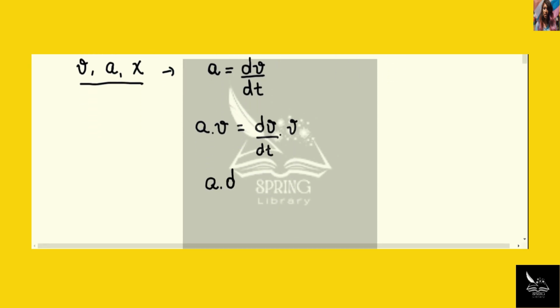So we have that a times v, which is just dx/dt, is equal to dv/dt times v.